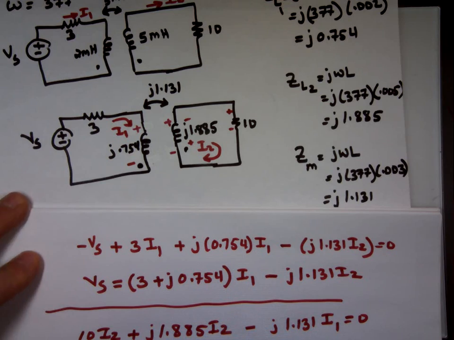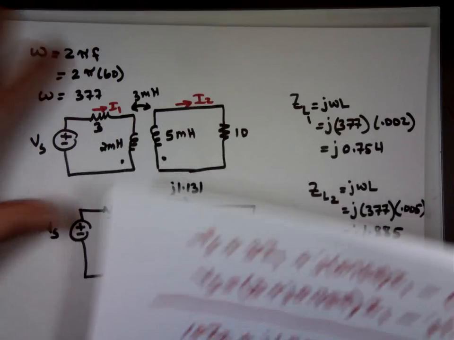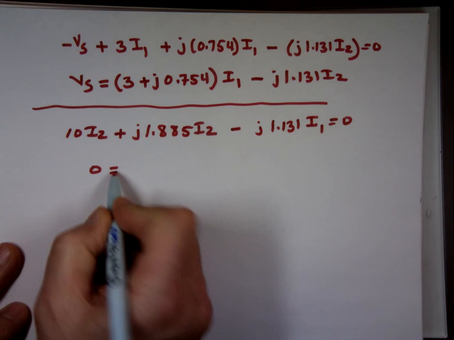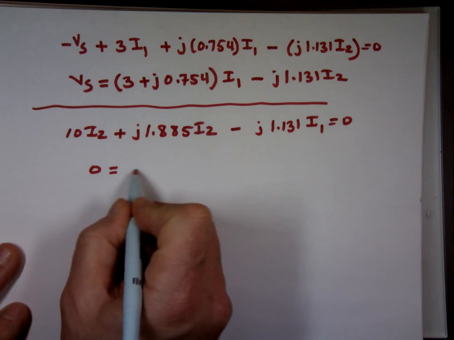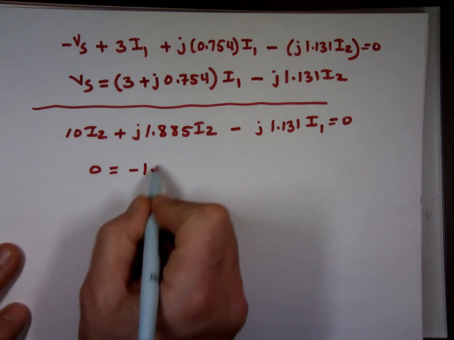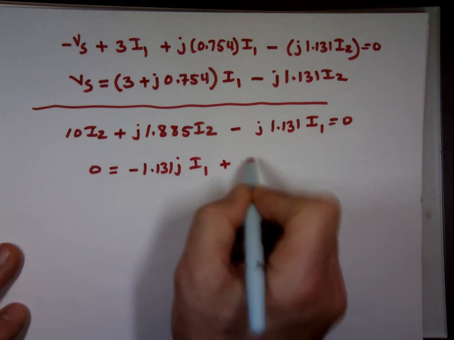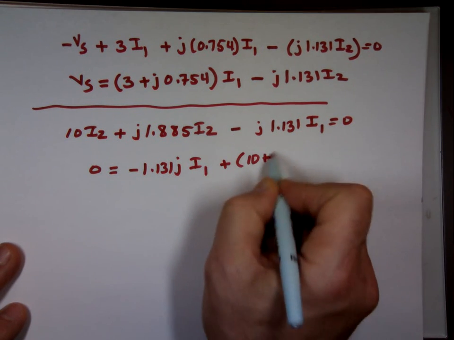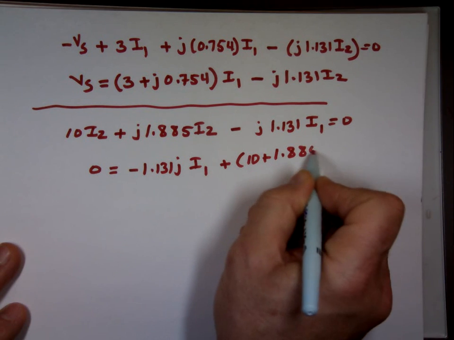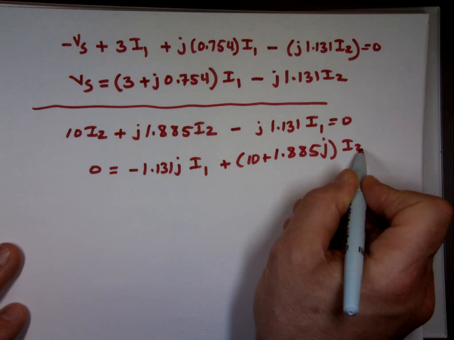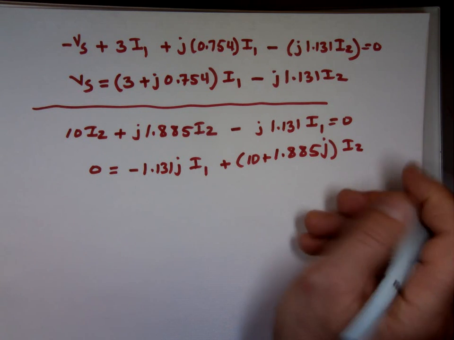And if I clean that equation, I will have 0 equals negative 1.131j times I sub 1 plus 1.885j I sub 2. So there's my second equation.